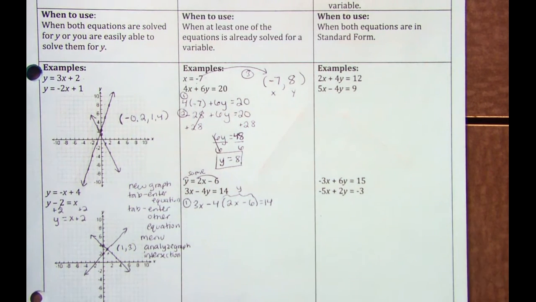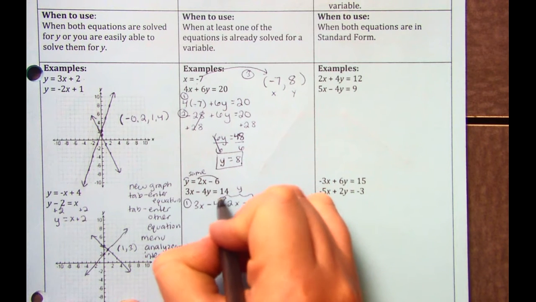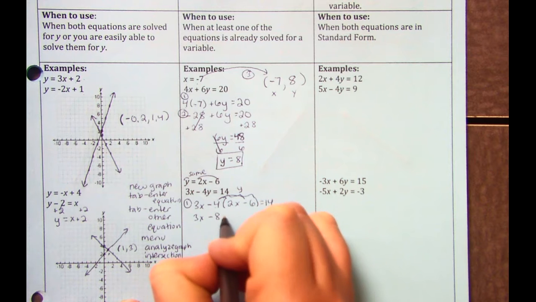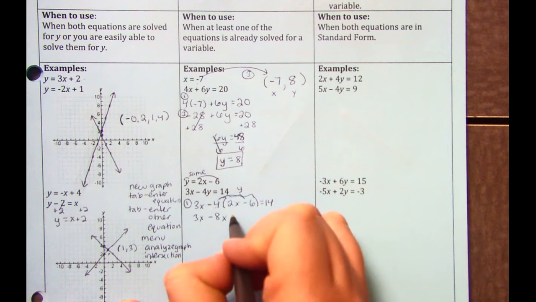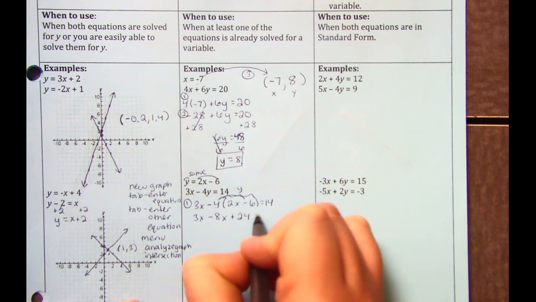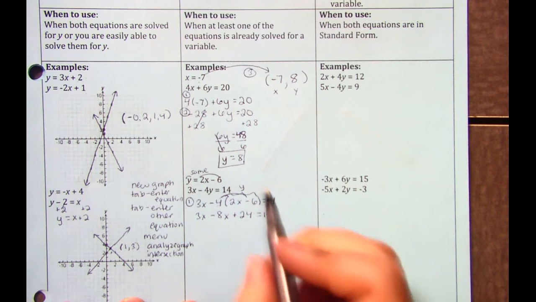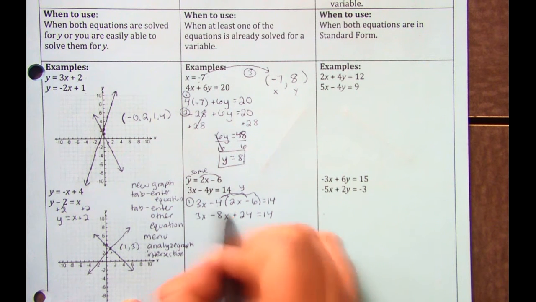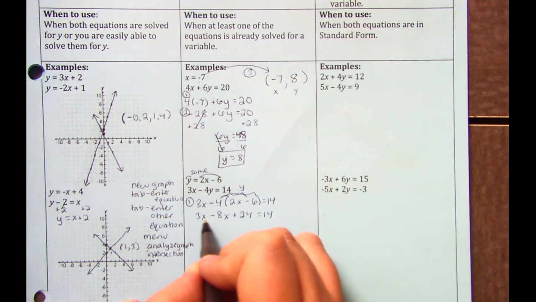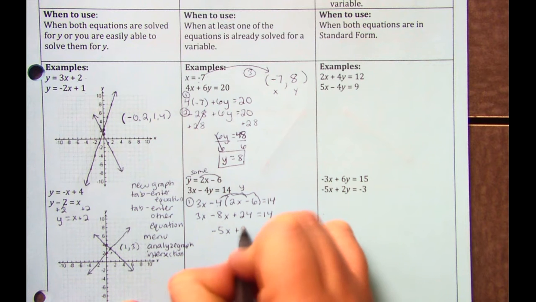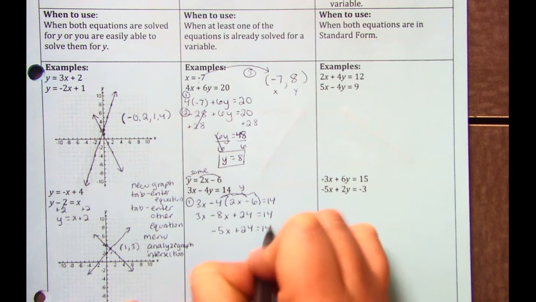So now I simplify. First I need to distribute. So negative 4 times 2 is negative 8x, and negative 4 times negative 6 is a positive 24, equals 14. And then I need to combine like terms. I can add these together. 3x and a negative 8x is negative 5x, plus 24 equals 14.